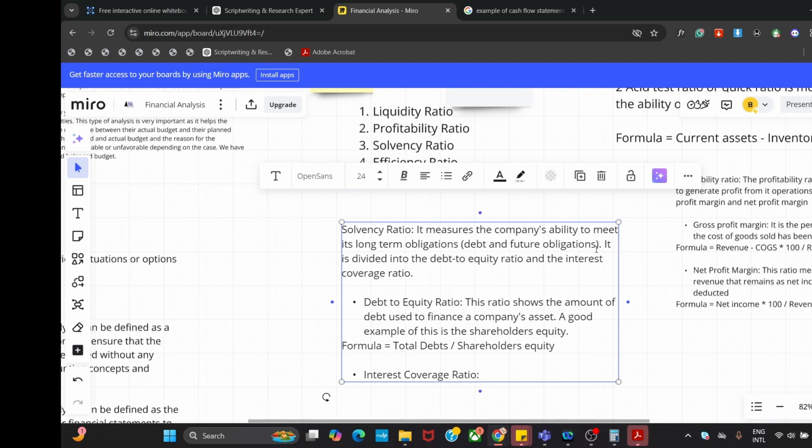Interest coverage ratio. This is the second division of the solvency ratio. This interest coverage ratio shows the ability of the company to cover its interest with its EBIT. When we talk about EBIT, we mean earnings before interest and taxes.